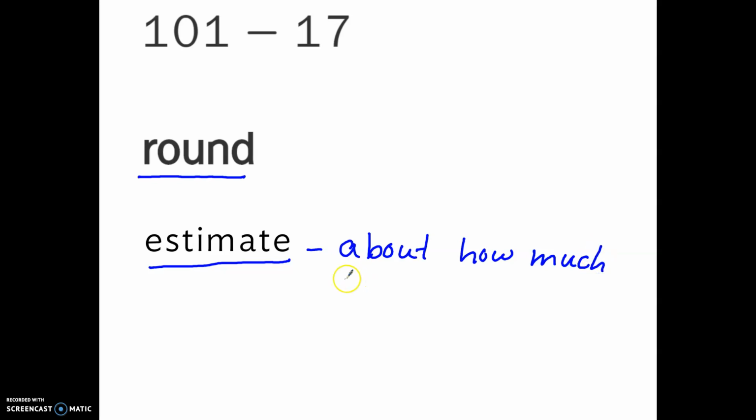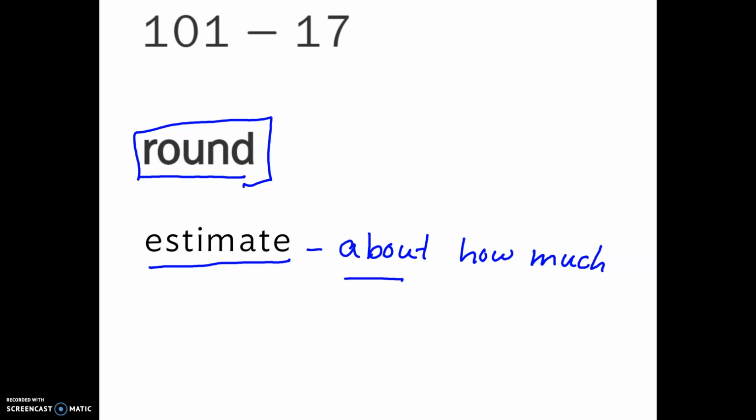I just want an about how much answer. And a way that we do that is we work on rounding our numbers. And when we round our numbers, we're going to either round them to the nearest 10, the nearest 100, or the nearest 1,000. For example, if I have the problem 101 minus 17, and I ask you, well, what is the estimate for that answer?